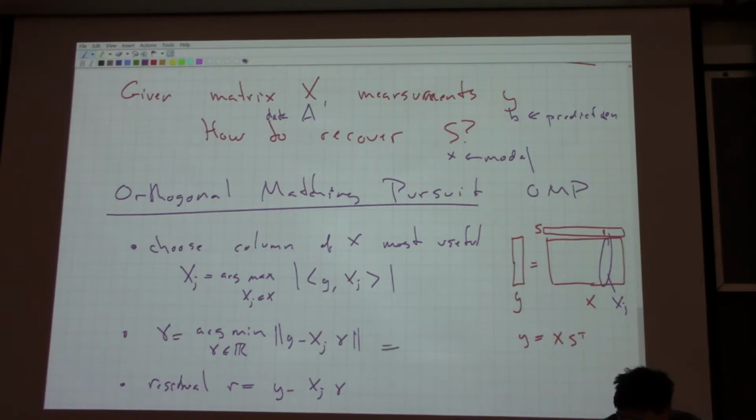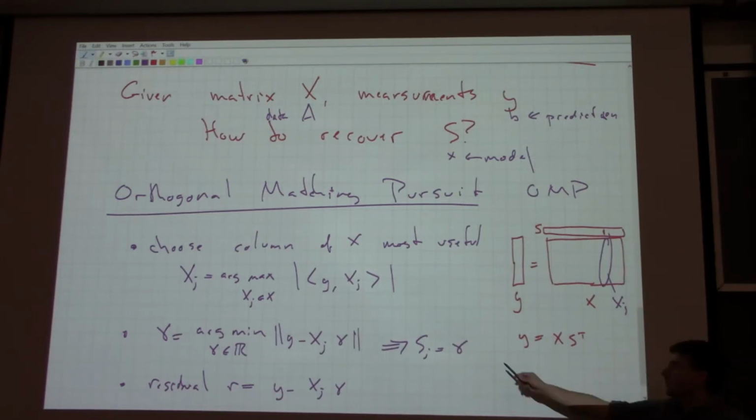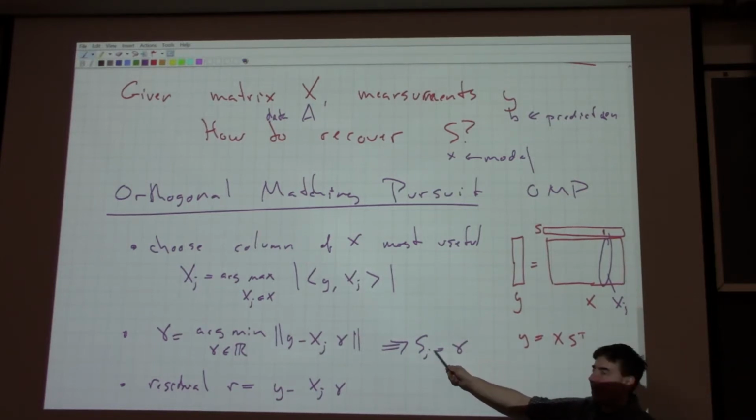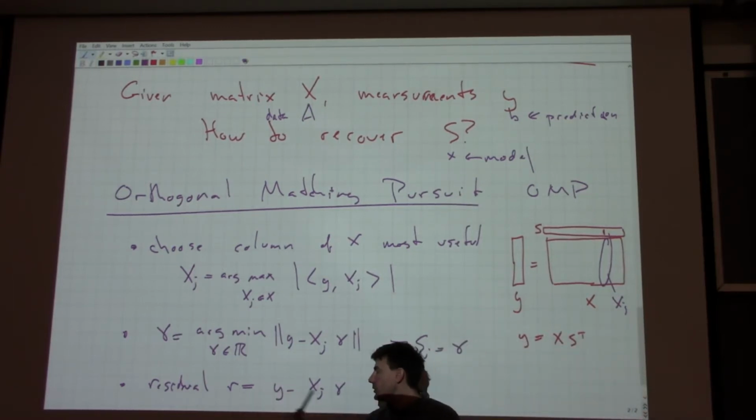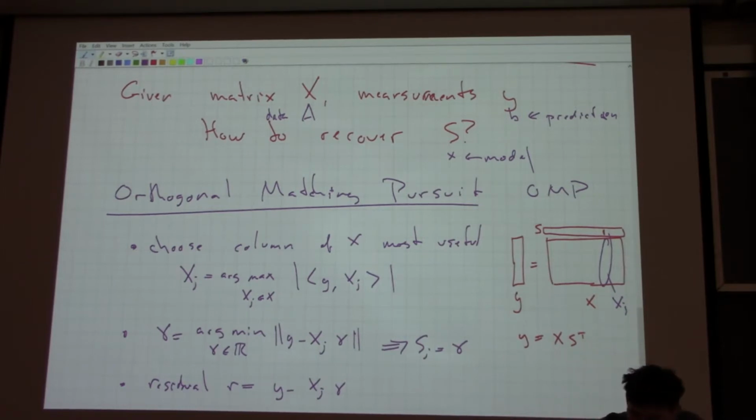So I'm going to set the jth bit of s to gamma, and then I'm going to take y and remove the effect of this column and this value. I get back this residual, and then I'm going to repeat with y equals r.